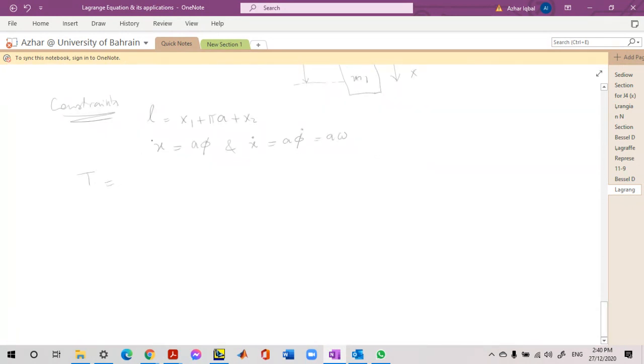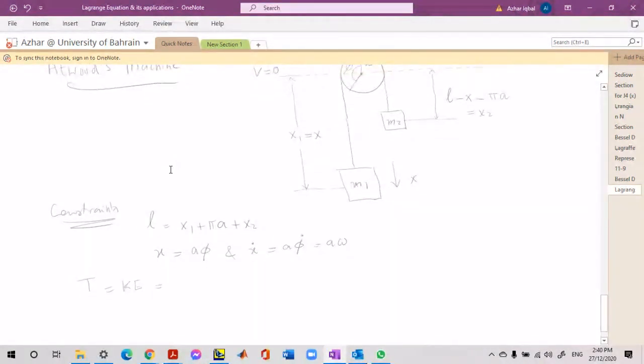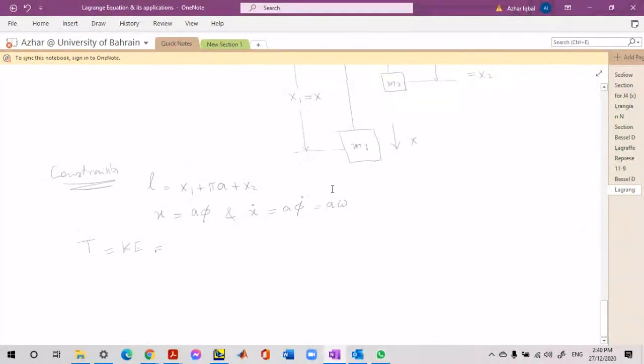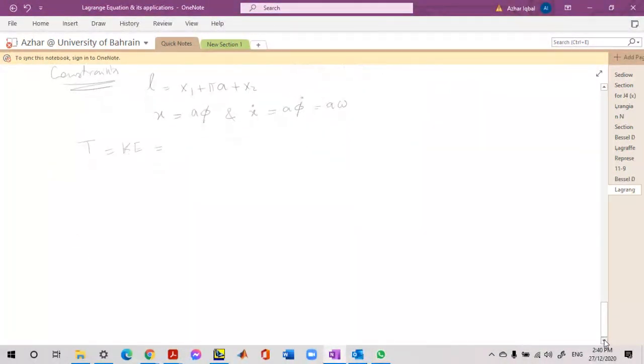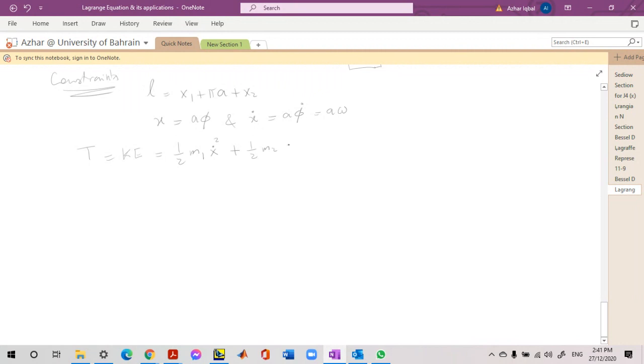Now the kinetic energy, KE, of this Atwood system can be calculated. Let me calculate the kinetic energy as half m v squared. So half of mass m1 and its velocity x dot squared, plus half m2 x dot squared.